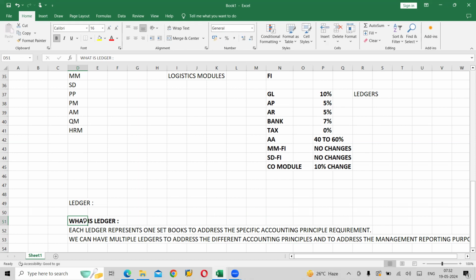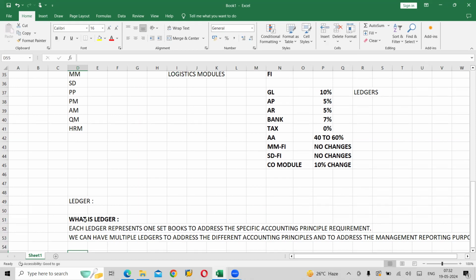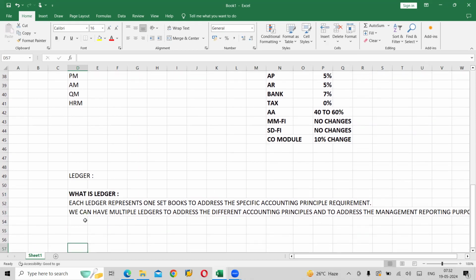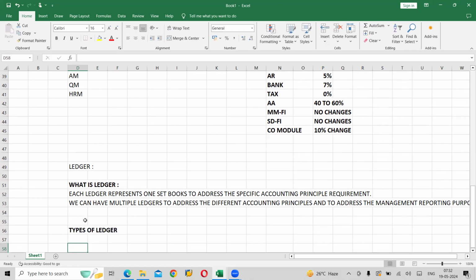So next, there are types of ledger. What are the types of ledgers we have? Leading and non-leading ledger. That is in ECC environment. How about S/4HANA? We have one more concept called extension ledger. What is that?